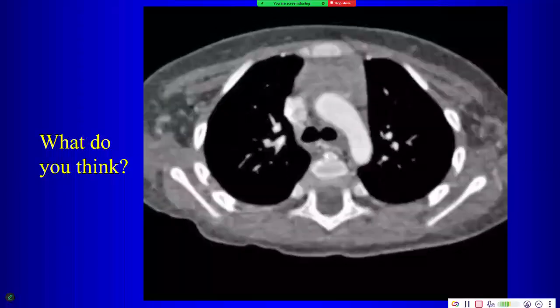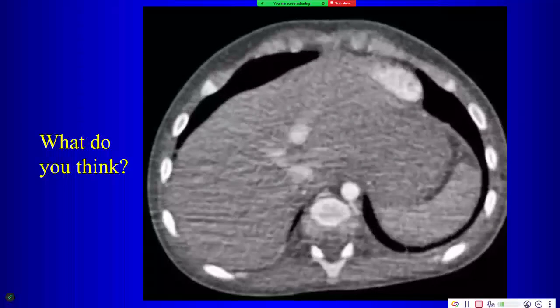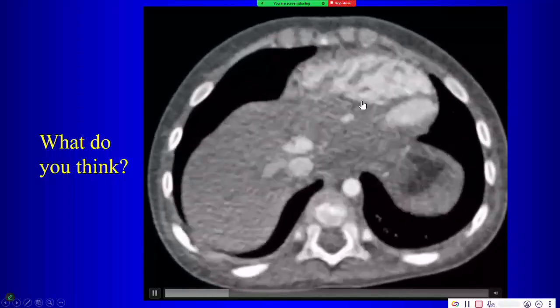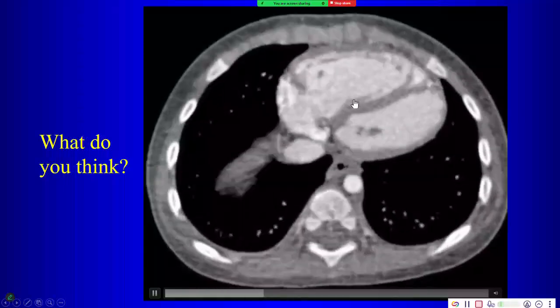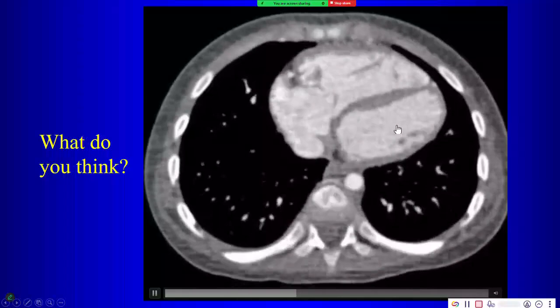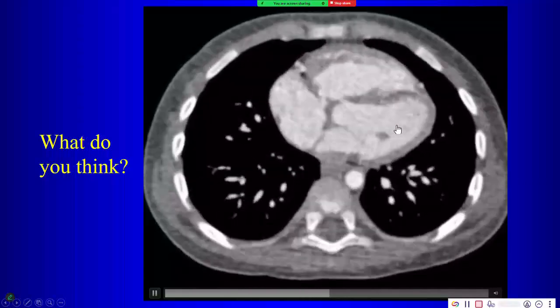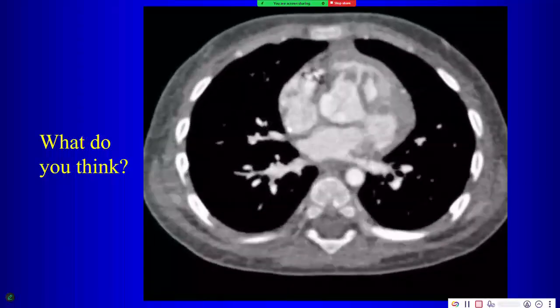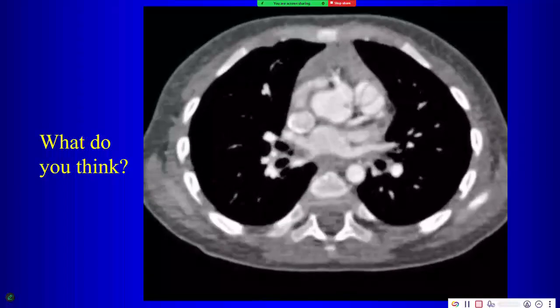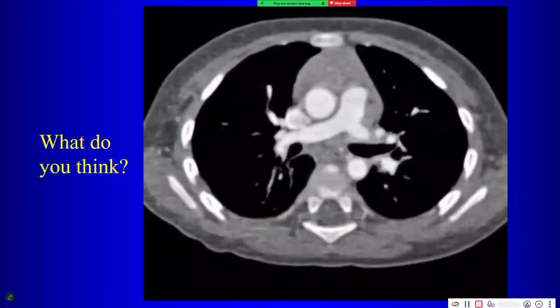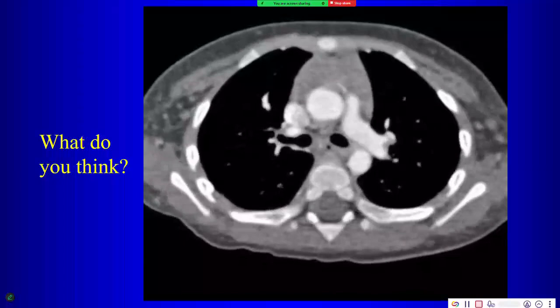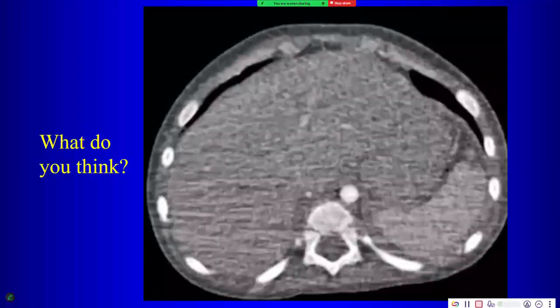Okay, so the pulmonary artery we see is also coming off the right ventricle. Now, is there any communication of the aorta with the left ventricle in this case? Okay, and what do you think of the outflow tract of the right ventricle as we go through this?